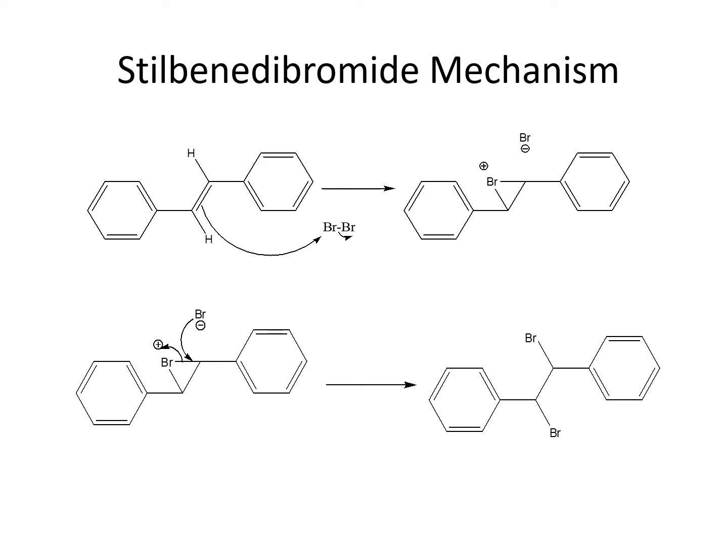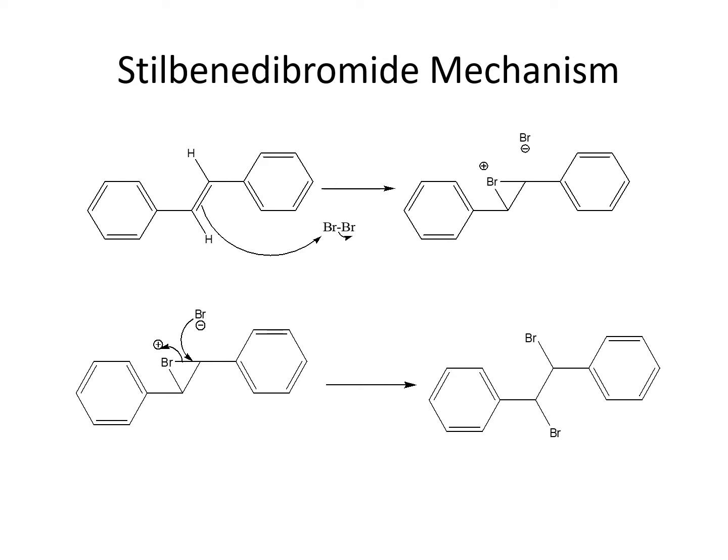So in the actual mechanism, the double bond attacks the bromine molecule, and one of the bromines departs. Because this is an addition reaction, we have two major intermediates that result in three kinds of products.